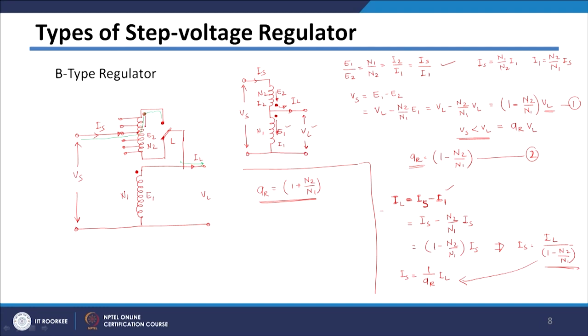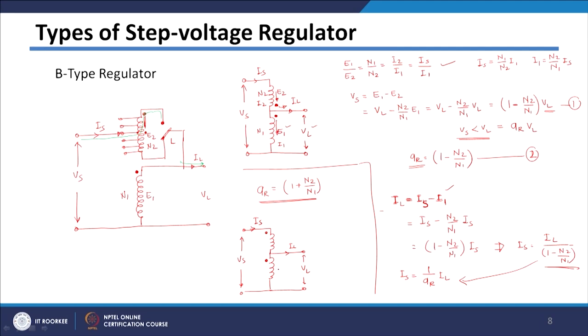So, this dot, since this circuit is not coming into picture, this dot will come somewhere here, and if you draw equivalent circuit of this, it will be, this is regulating winding, then this is your common winding, and then we are having this terminal here, and dot will appear here, this dot will appear here, then it is IL, voltage VL which is across terminals, this is Vs, and input current is Is.